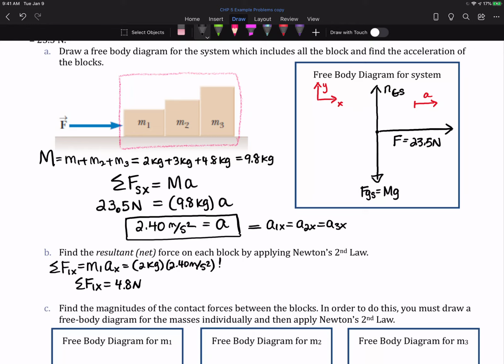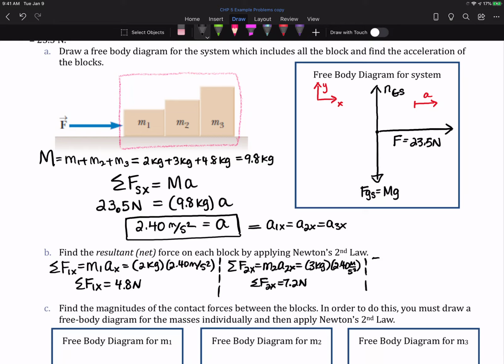If I look at the net force on the second mass, it's also in the x direction, and it's just the mass times the acceleration in that direction. So this is going to be 3 kilograms times 2.4 meters per second squared. So the net force on mass 2 is 7.2 newtons.